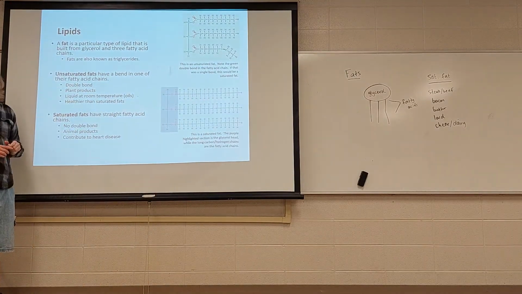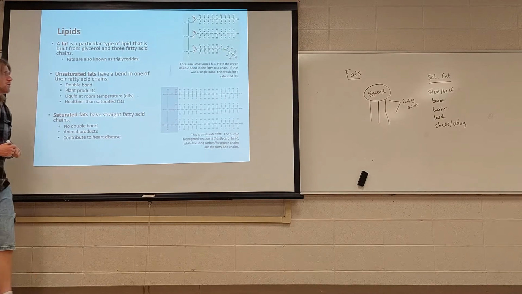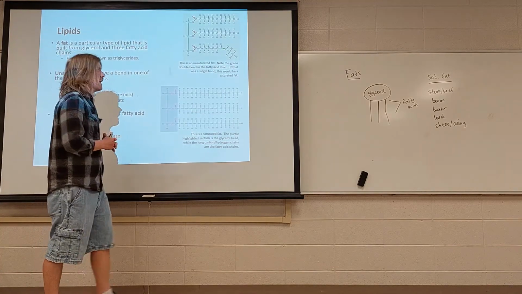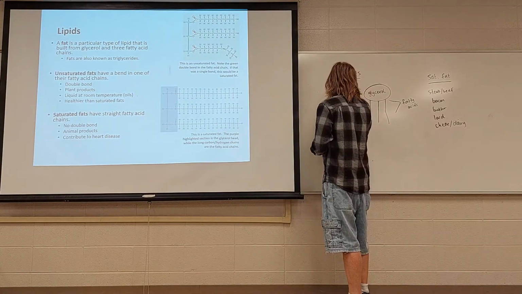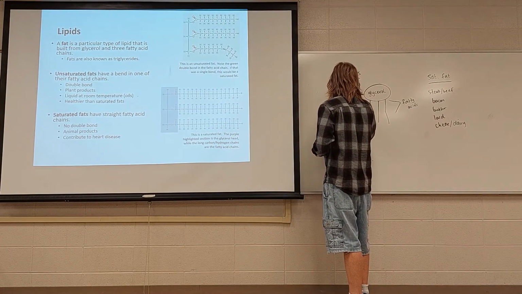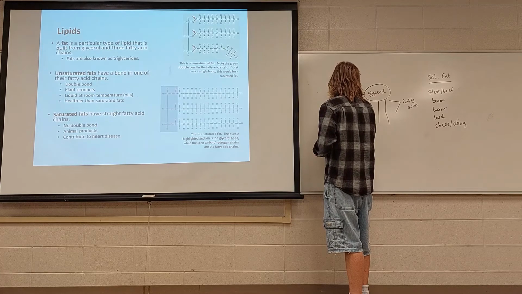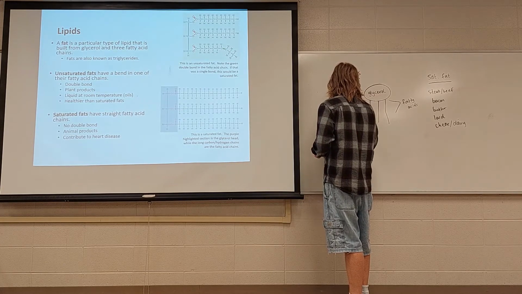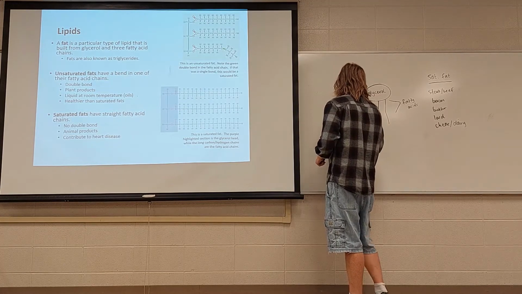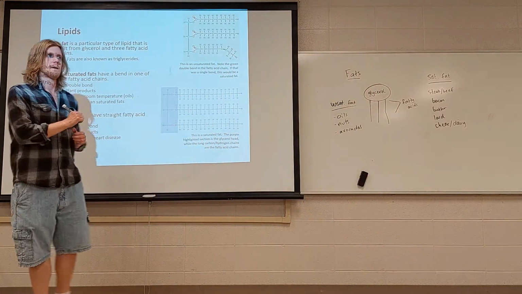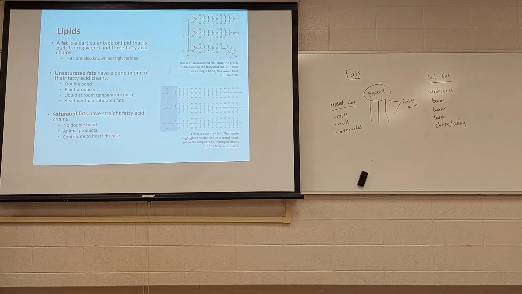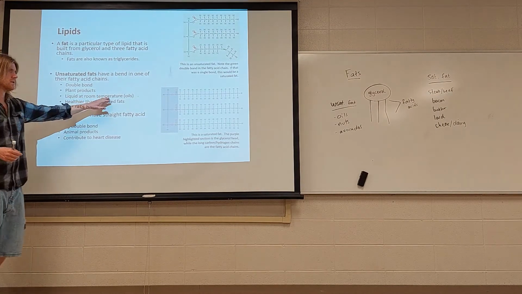They come from plant products. Foods that have unsaturated fat would include vegetable oils, nuts, avocados. Those are the most common examples. Plant products, many of them are liquid at room temperature.